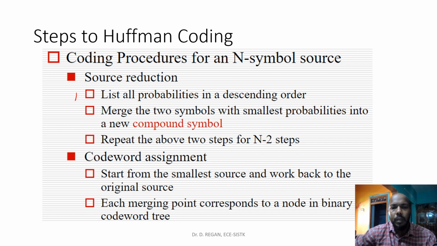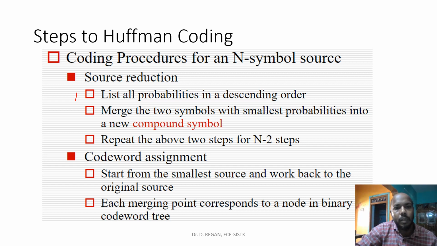Second, the last two symbols in the descending order, we have to add, which gives a new symbol, that is a compound symbol. The last two added symbols will form a new compound symbol.